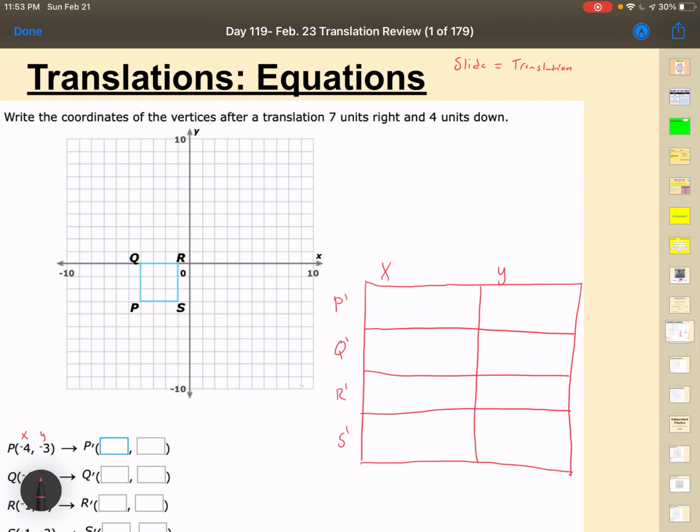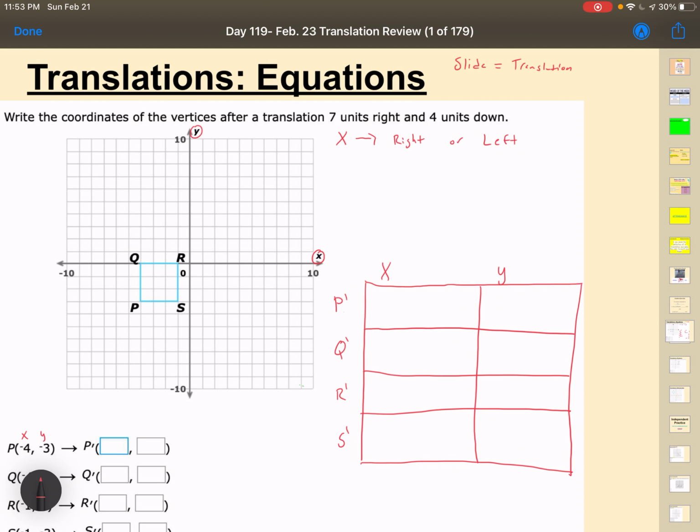Whenever we're dealing with a coordinate plane, we have a horizontal axis, which is our x, and a vertical axis, which is our y. When we're going in the horizontal direction, we can only have two movements for the x: left or right.